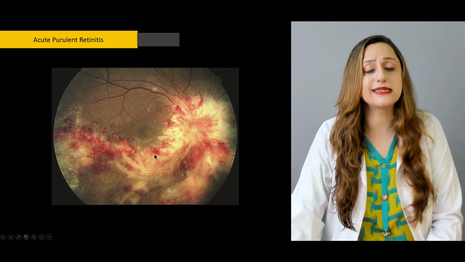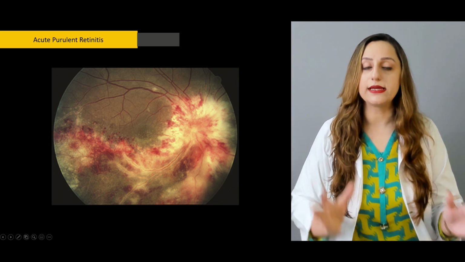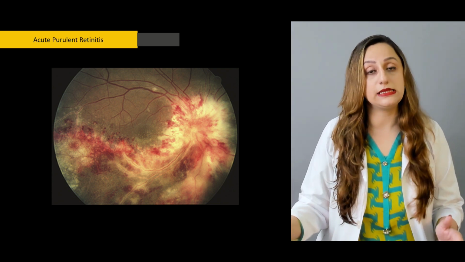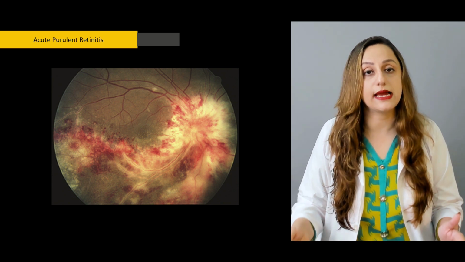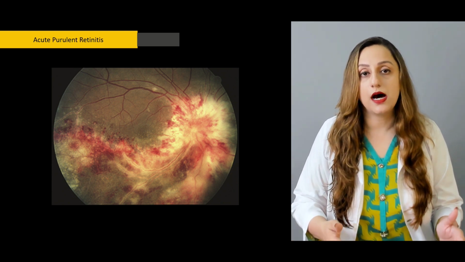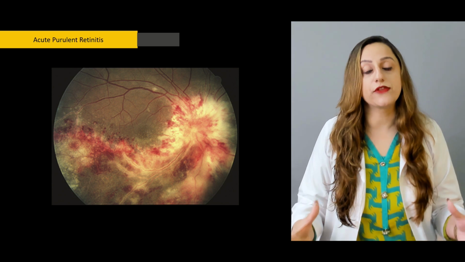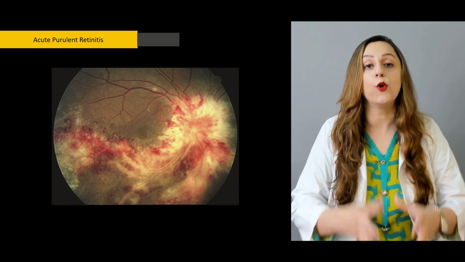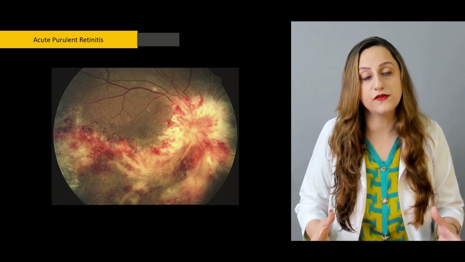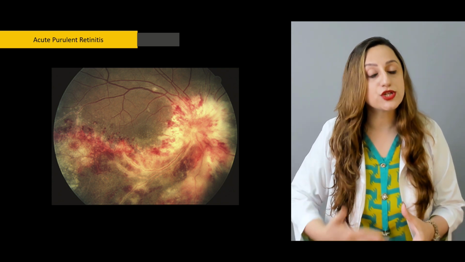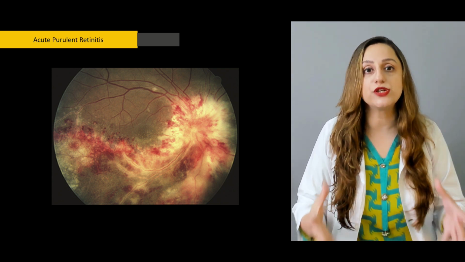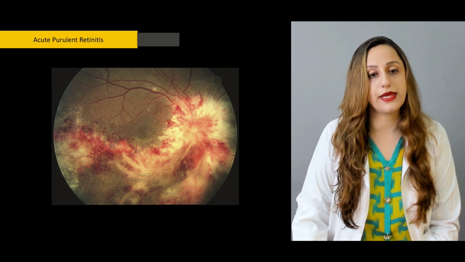One should know that if it is left untreated, it can be quite complicated. It can end up in endophthalmitis, or it can even involve panophthalmitis, which basically means the whole eyeball is involved in this infectious or inflammatory process.